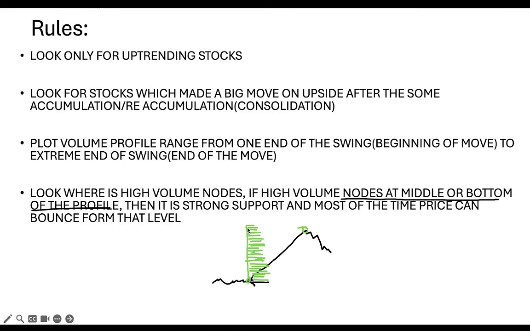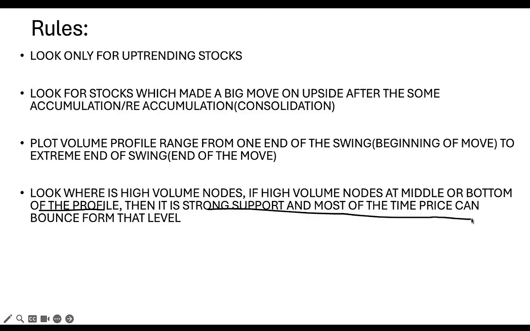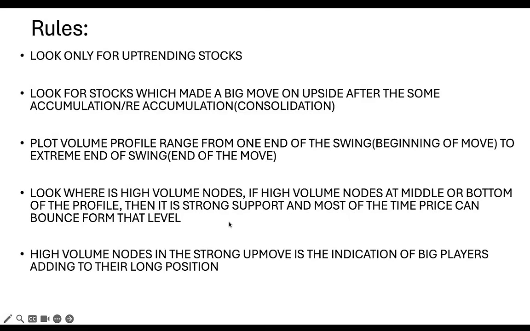But at the same time, if you see the highest volume node somewhere at the top like this, then you should avoid that trade, because if you see the highest volume at the top, that is the place where maybe they are offloading their long position. That is why I have mentioned that if a high volume node is at the middle or bottom of the profile, then it is a strong support, and most of the time price can bounce from that level.